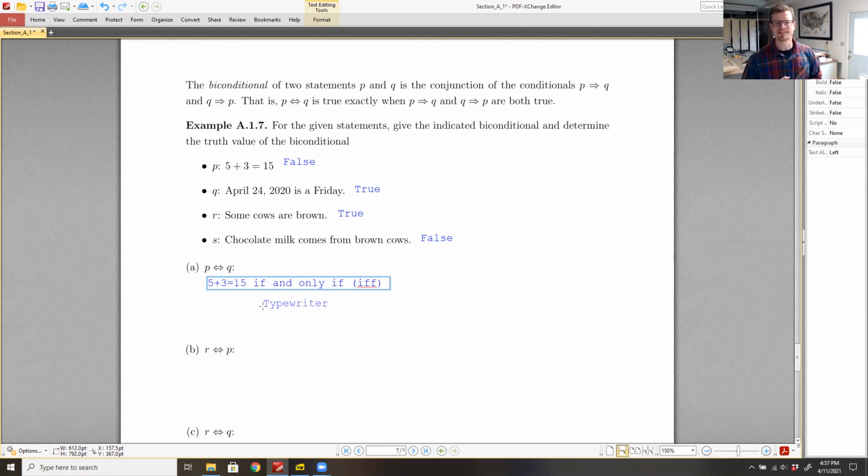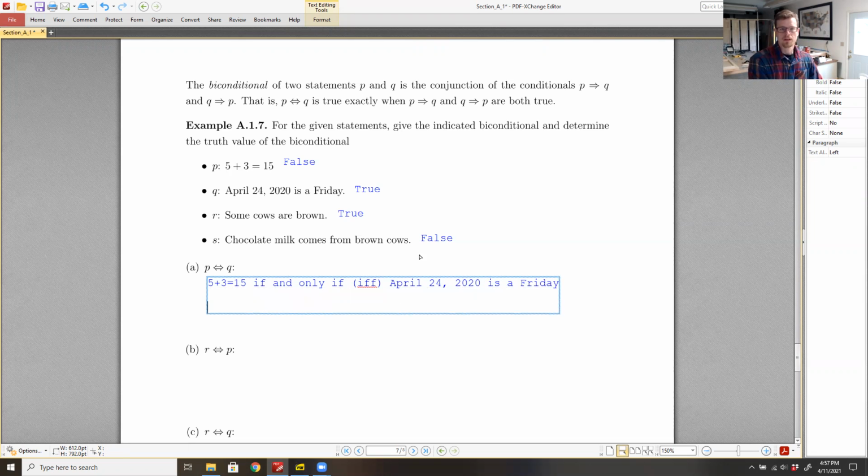I'm not sure why exactly it's that, but that's what it is. So 5 plus 3 is 15 if and only if April 24th, 2020 is a Friday. Excellent. So what do we have in this case?